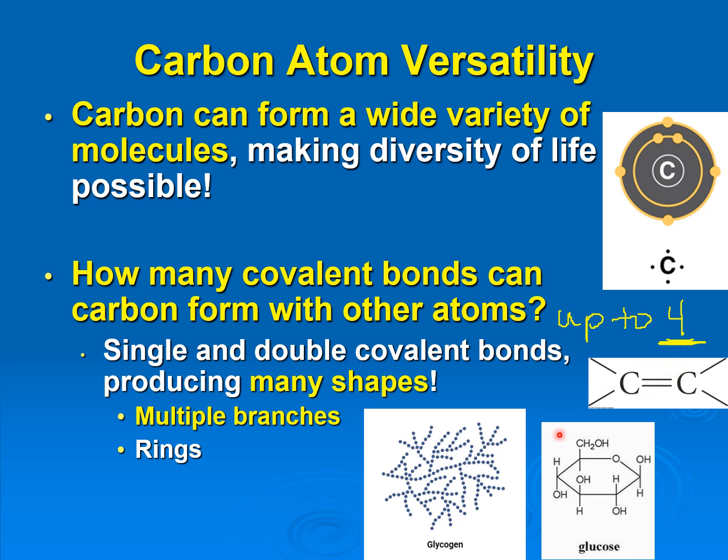Carbon can also form multiple branches, like in this glycogen molecule here. This is a type of carbohydrate that we store glucose as in our skeletal muscle and in our liver. And then it can also form these ring shapes. So glucose is actually a ring shape in our cells.